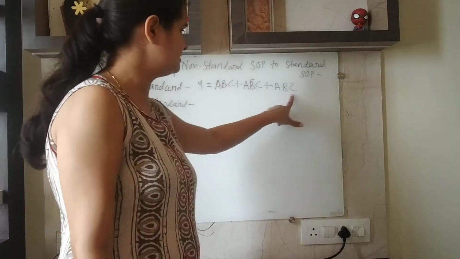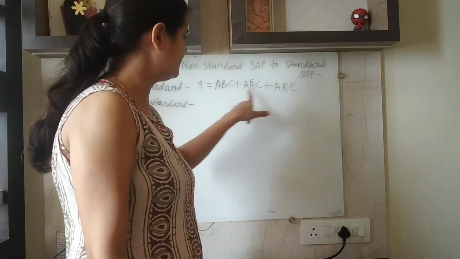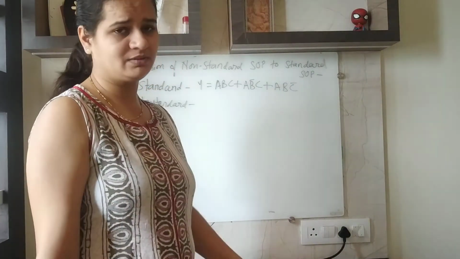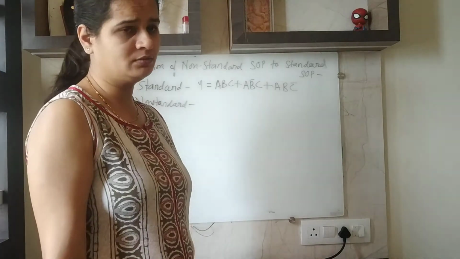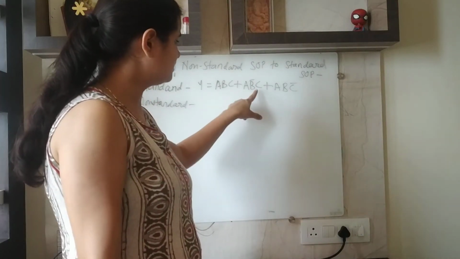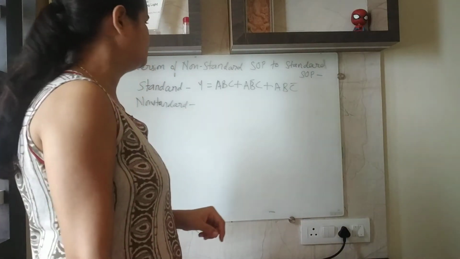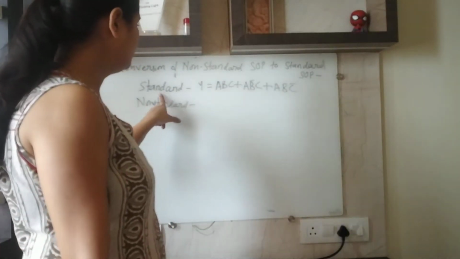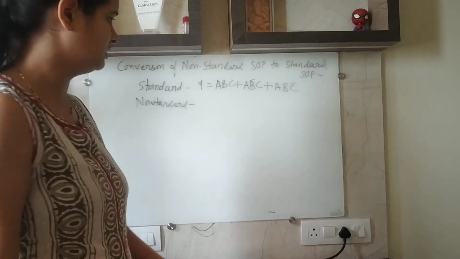So here how many literals are there? In the equation, 3 literals, A, B and C, that may be in complemented or uncomplemented form. So how many terms are there? 3 terms are there, and you can see that in each term all the 3 literals are present. So that's why that equation is in standard SOP form, right?